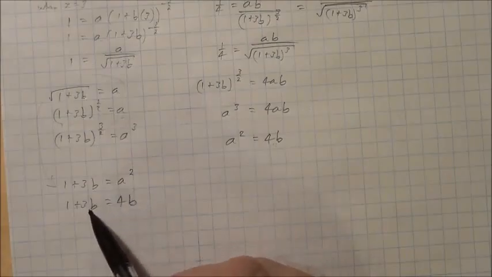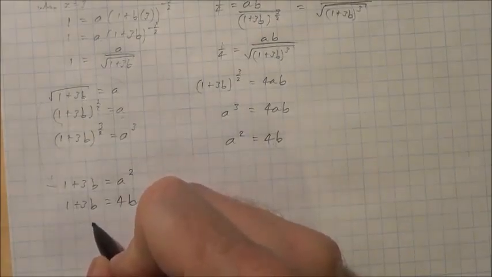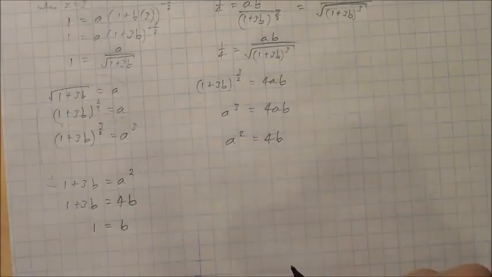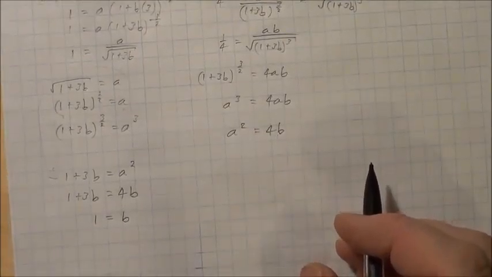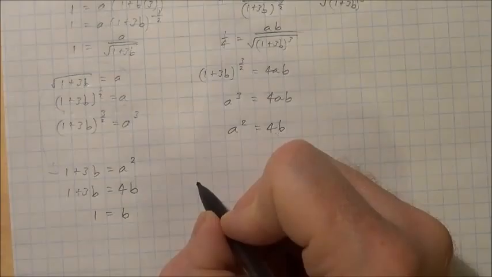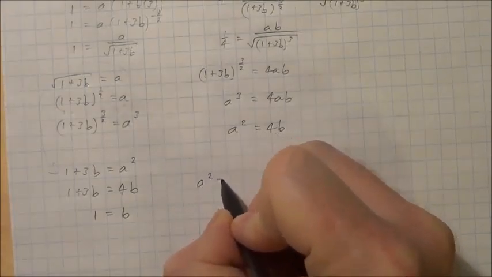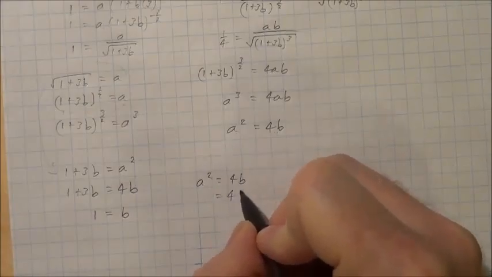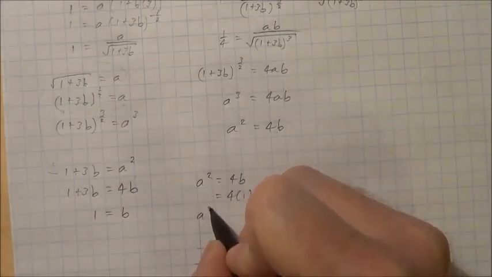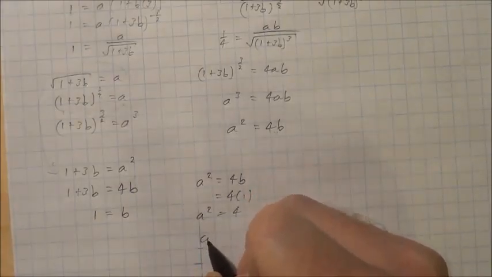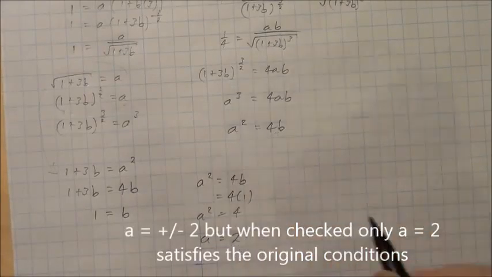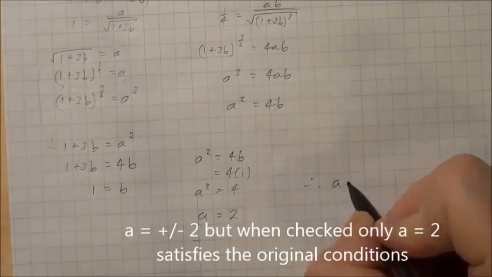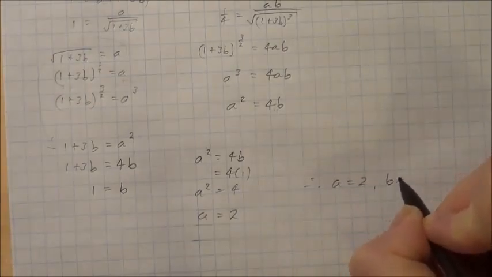And now I just rearrange this, so I subtract 3b from both sides, so you get 1 equals b, or b equals 1. And then now we know that a squared equals 4b, we know that b equals 1, so a squared equals 4, therefore a equals 2. Therefore a equals 2 and b equals 1.